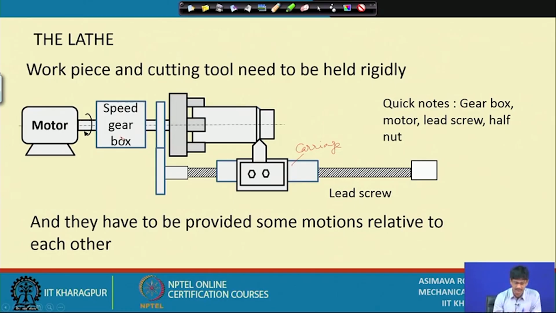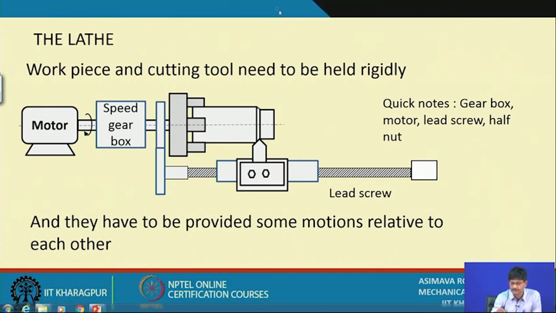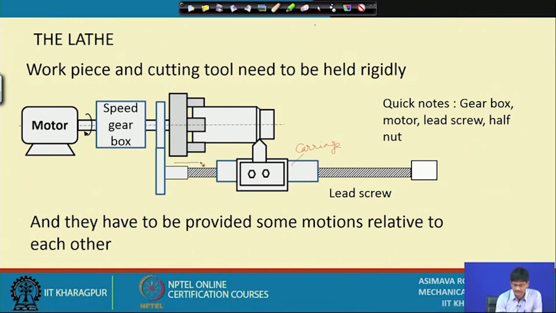This is the speed gearbox, and in fact, we also have another gearbox which I have not shown at this moment, which is called the feed gearbox.